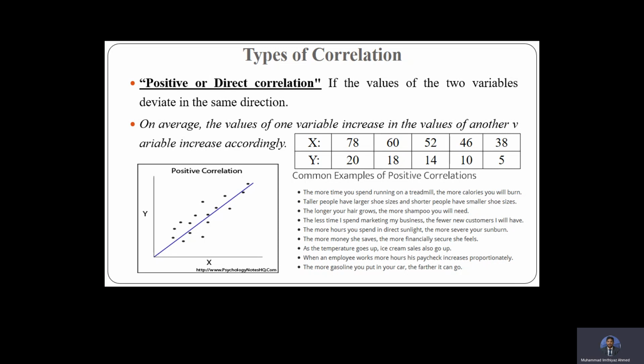So again, it depends. The more you practice, the more you are using your skill, idea, then you can win. Strategy. Okay. Any other example would you like to add for positive or direct correlation? Simple here, increase of one lead to increase of another. That's all.